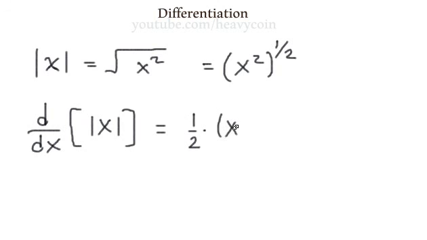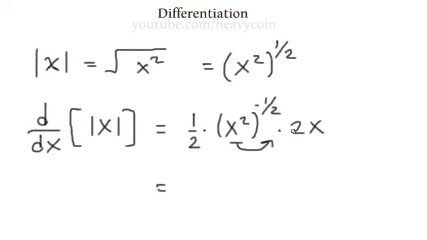And then I'm going to rewrite. Now remember what you do with this. You subtract 1 from the exponent, so this becomes a negative half. Then we take the derivative of the inside, so the derivative of x squared is 2x. Now let's simplify this.